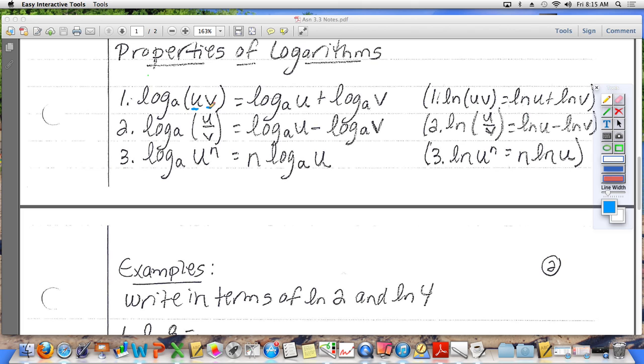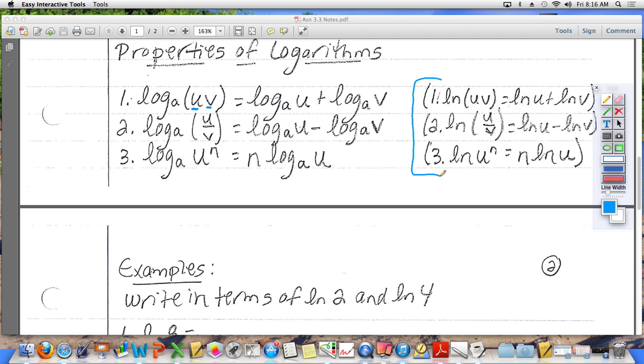And in parentheses after it, I showed it to you with the natural logarithm too. Number 1, ln of uv equals ln of u plus ln of v. I don't even know that you necessarily need to write these down. They're exactly the same as the common logarithm, but I put them there in case you want to.